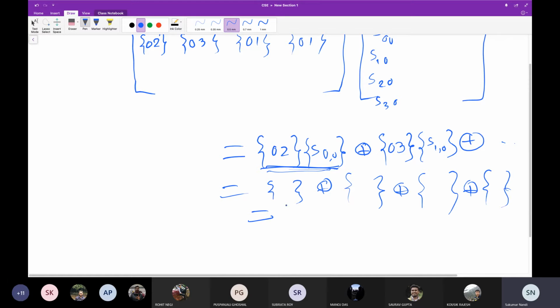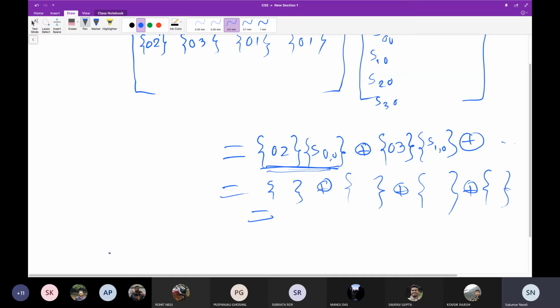In the mixed column, if you look into the mixed column equations, you will find the actual equation.